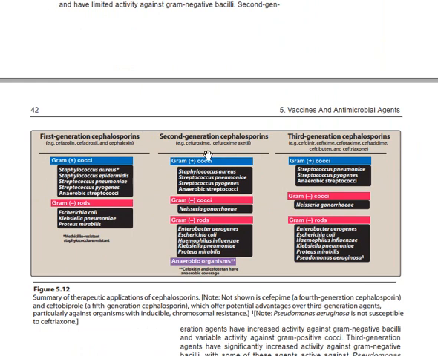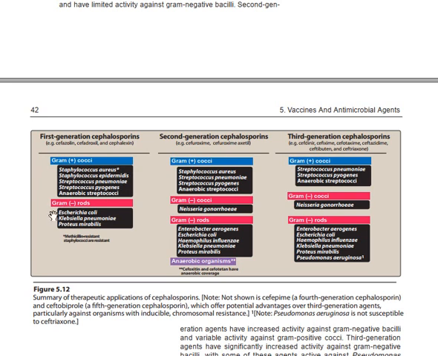Now we have different generations of cephalosporins: first, second, third, and even fourth generation. Examples of first generation: cefazolin, cefadroxil, and cephalexin. The microorganisms targeted by the first generation cephalosporins are Staphylococcus aureus, Staphylococcus epidermidis, Streptococcus pneumoniae, Streptococcus pyogenes, and anaerobic streptococci.